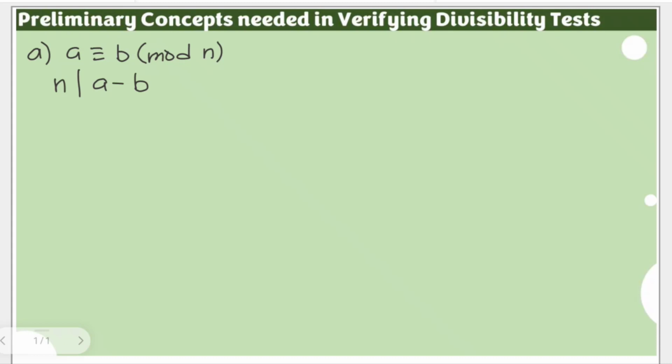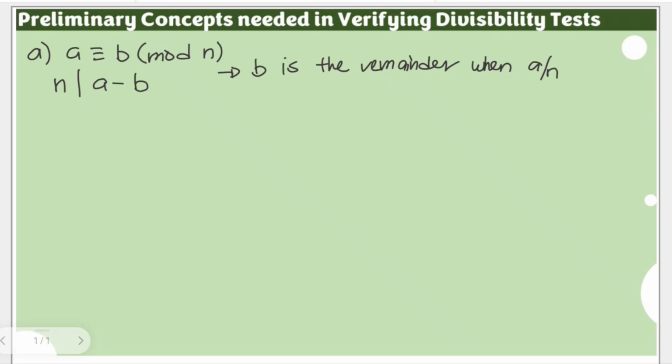That means that A is congruent to B modulo N. This also means that B, in this given expression, is the remainder when A is divided by N. That's another perspective on this. Okay, B is the remainder.